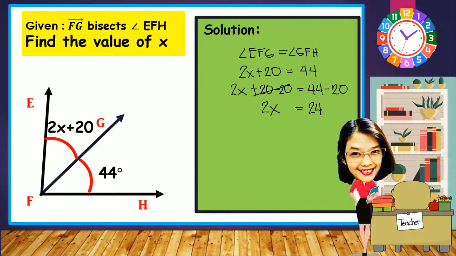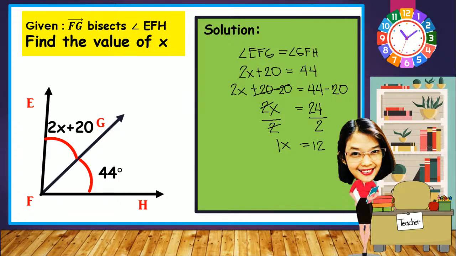Divide both sides by 2. That's correct, Jean. Divide both sides by 2. So what will be the value of x? So x is equivalent to 12.